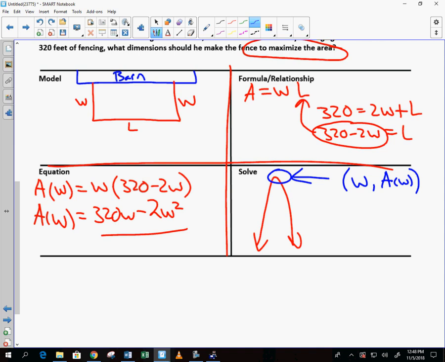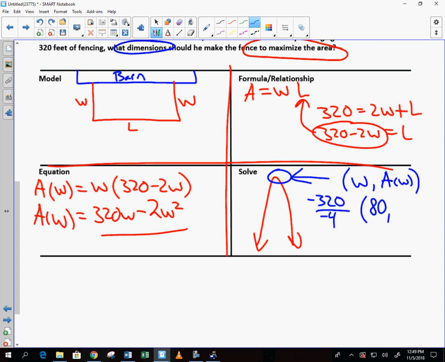Negative B divided by 2A. Negative B, so I got negative 320, divided by 2A, negative 4. That produces 80. At this point, I want to look back and see what the question is asking for. The question is asking for the dimensions.